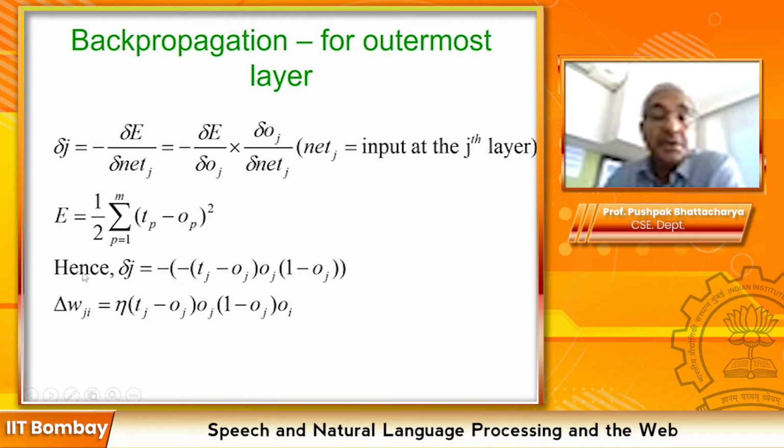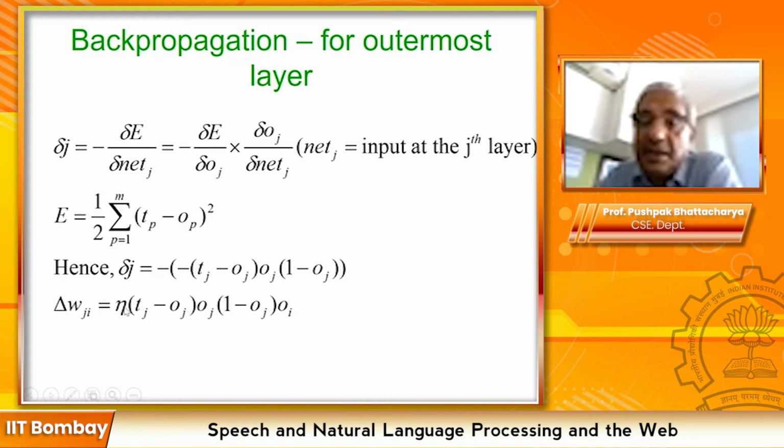So what we have now is the change in weight is learning rate into tj minus oj into oj into 1 minus oj into oi. So let's remember this weight change for the outermost layer. In the outermost layer of the neural network, each weight is changed by this quantity.